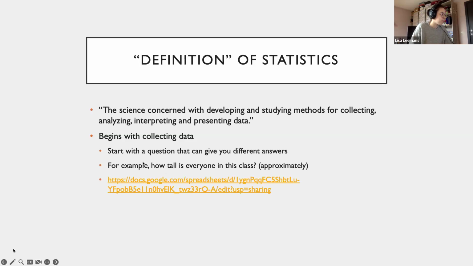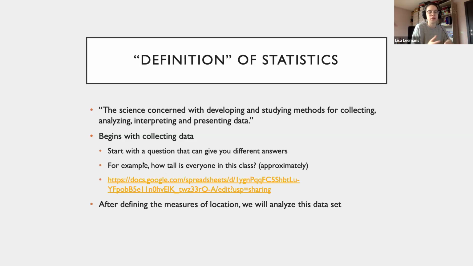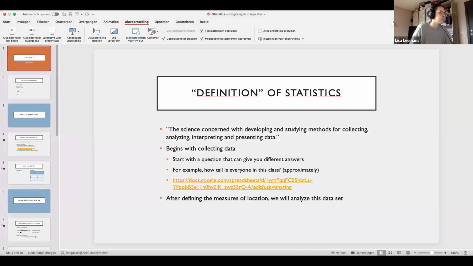Tell me if it's not possible, then I will share the link in the chat for you guys. And later in the class or at the end of our theory section, we will analyze this and try to calculate our measures of location. So I will now close my presentation for a second to see if you guys can get in this thing.